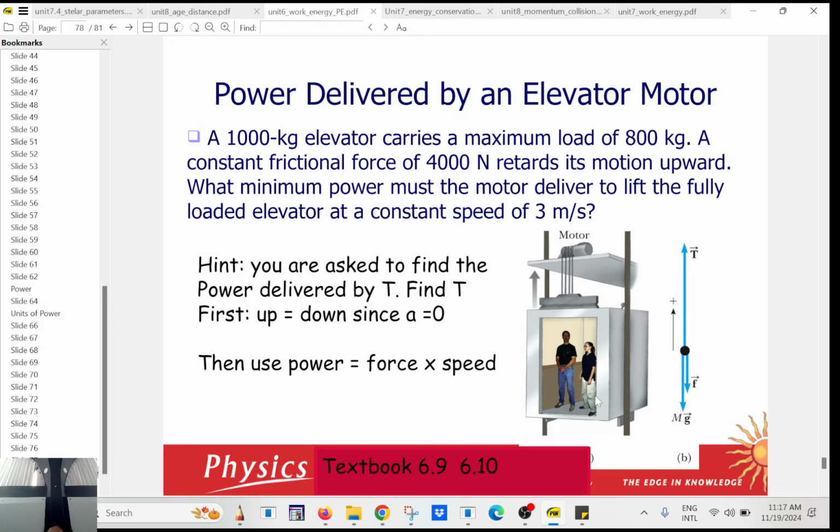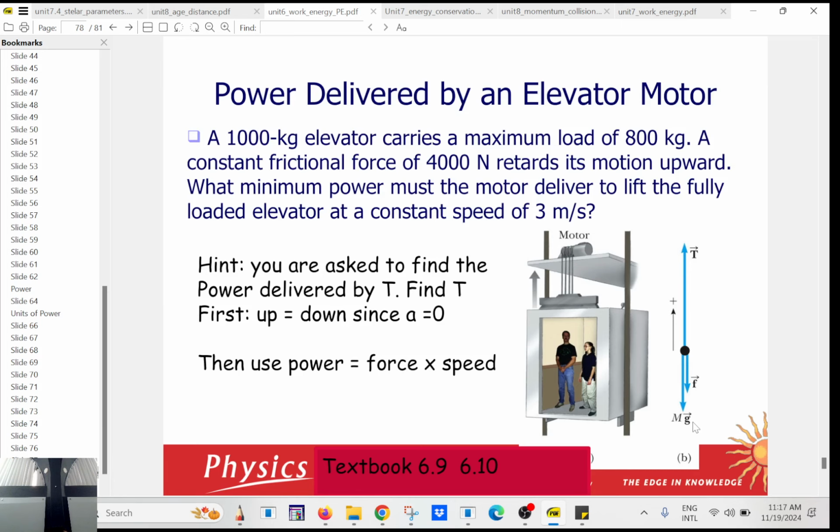So for example, here you have an elevator. It's acted upon by 3 forces. You have the lift, so that will be the tension through the cables, and you have friction down, and you have gravity down. If it's moving at a constant speed, so we review, right? Up equals down, and you can find the tension.